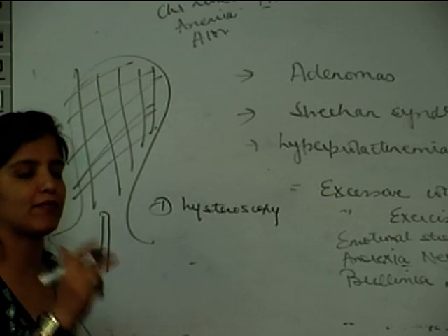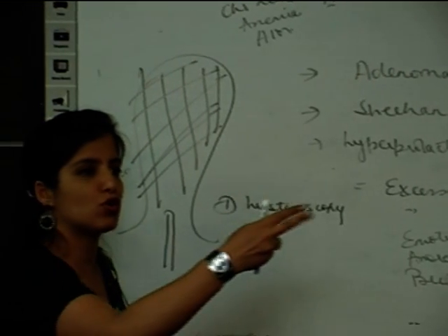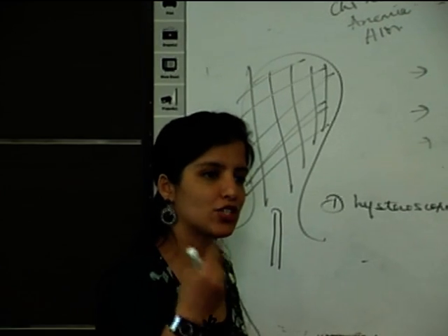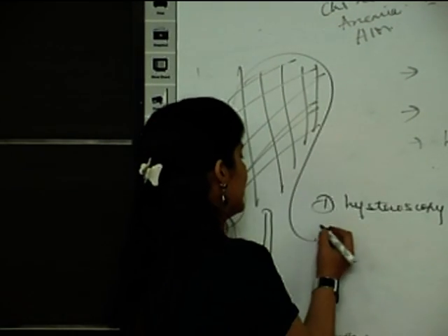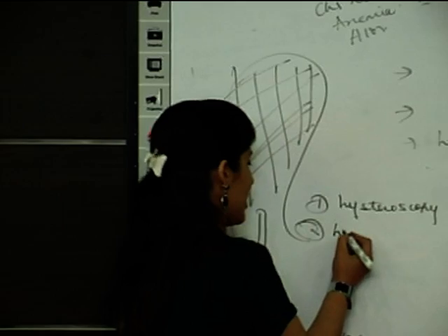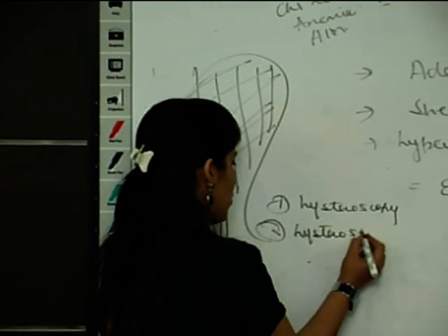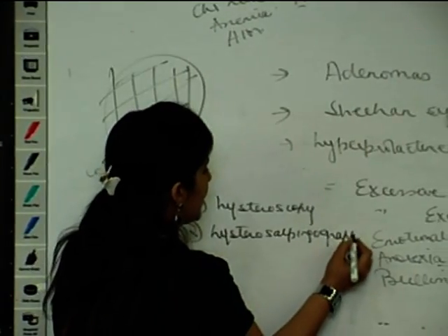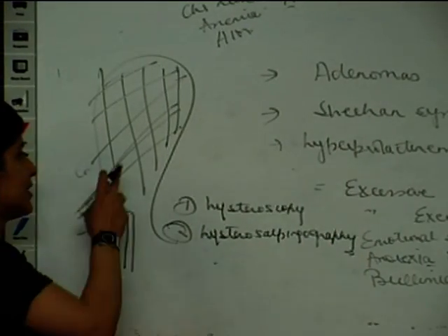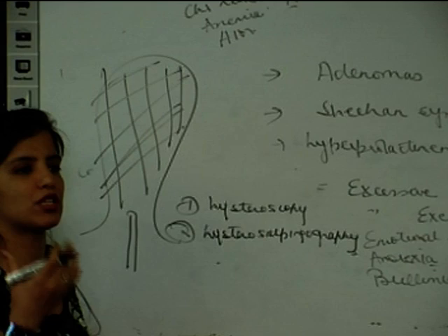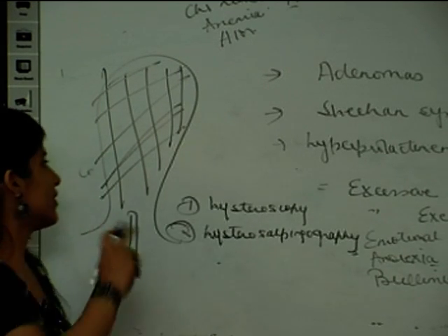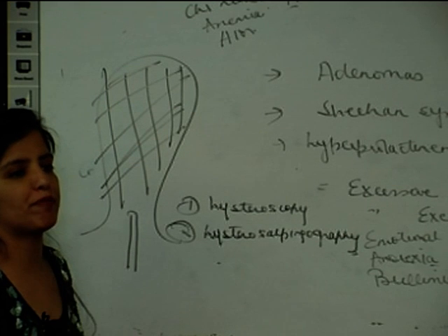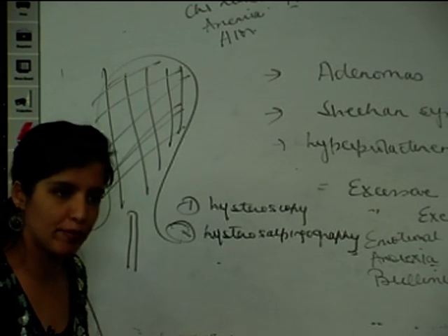During hysteroscopy you can also cut the adhesions, that is, do hysteroscopic adhesiolysis. The second investigation is hysterosalpingography. You introduce a radio-opaque dye inside the uterus, and with the help of an X-ray the synechiae will be evident and give the appearance of a honeycomb.